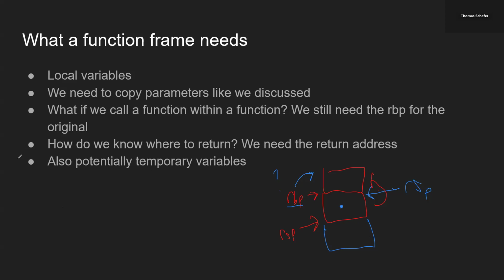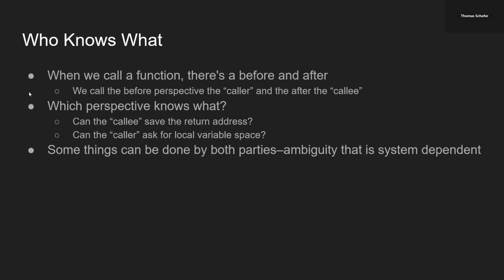And then also we have temporary variables potentially, but I don't think we really discussed that here. And to figure this out, we essentially store those values onto the function frame. We add the return address, we add the previous function's RBP into the function frame, and that just lets us go backwards. But who stores that?